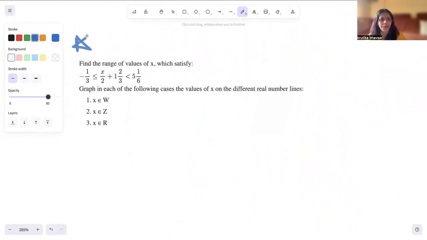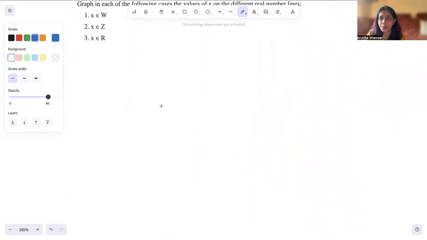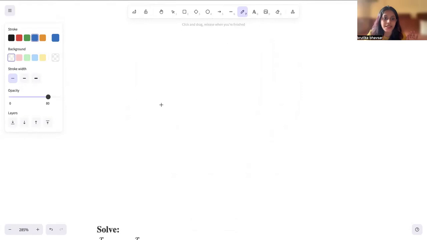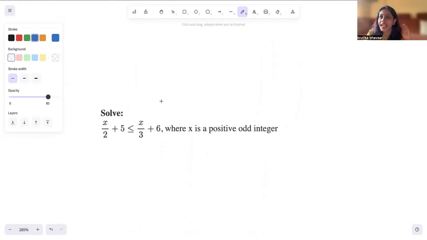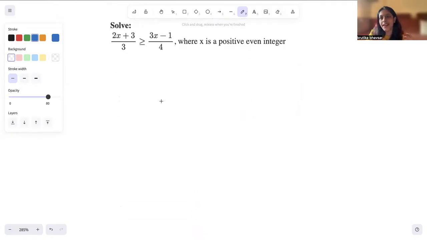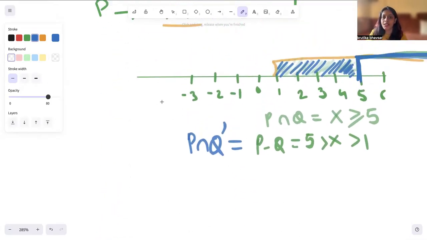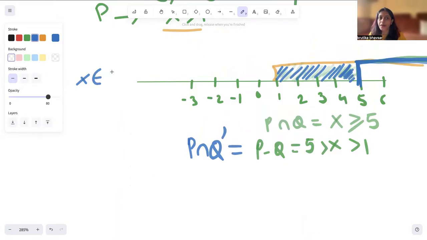Okay, I think I'm going to do this in two parts. So this next question we're going to do from the next class onwards, and I'll just give you a preview of the questions we're going to do, because they are really interesting and important questions. We're going to do questions where there are different kinds of X. In the previous question, X was belonging to real numbers.